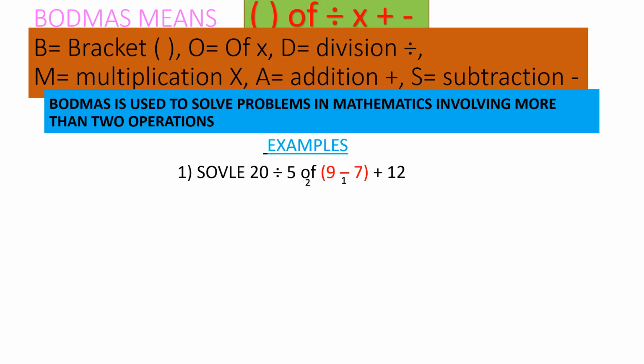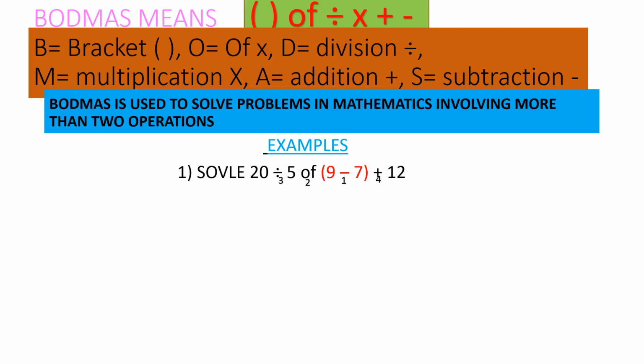The next one is division, which should be the third step. And the last step should be addition, which is number 4. So my dear people, when you have a problem of BODMAS, you label it like this according to how the operations appear in BODMAS.